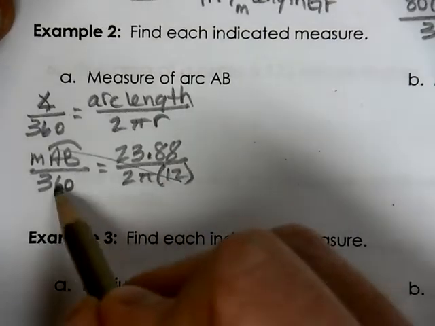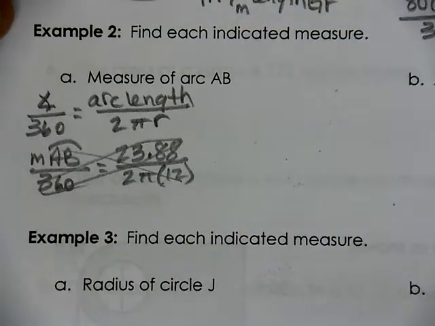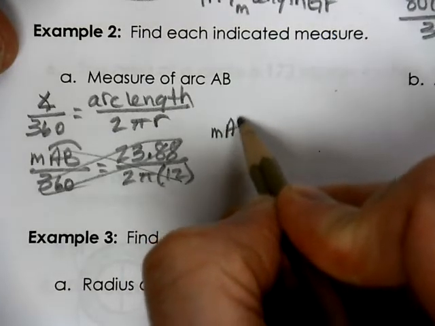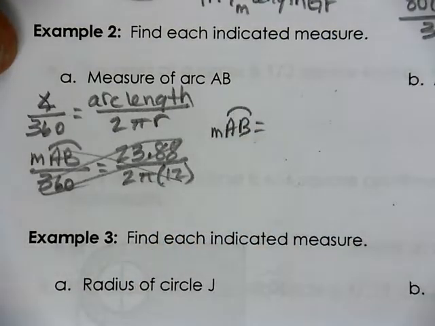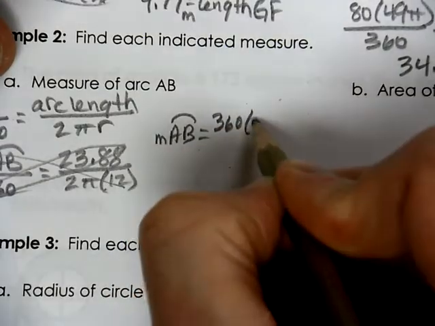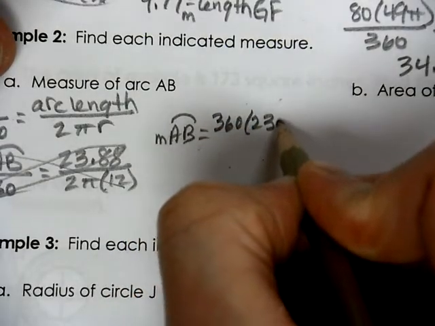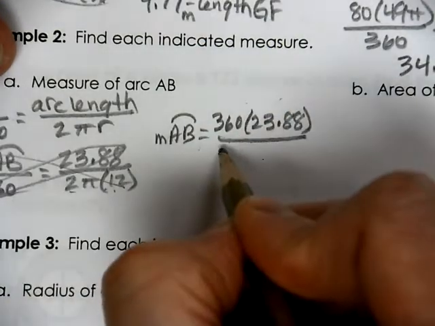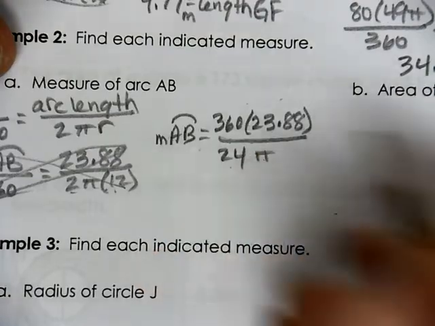So actually we're going to leave that one there, but we'll cross multiply this direction. So the measure of AB is going to be 360 times 23.88 divided by 2 times 12, which is 24 pi.